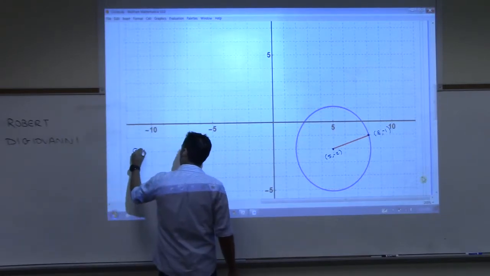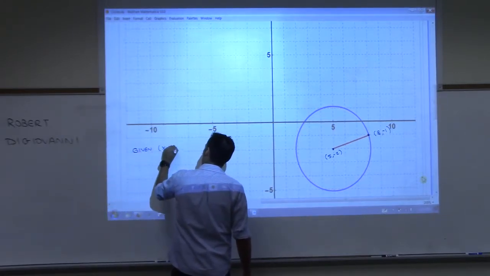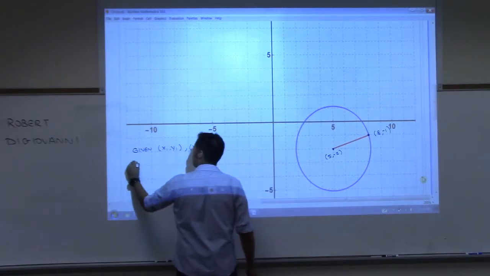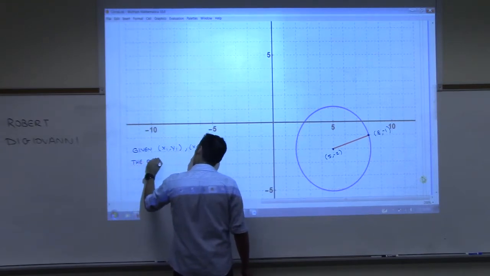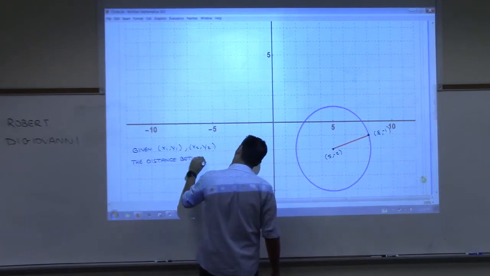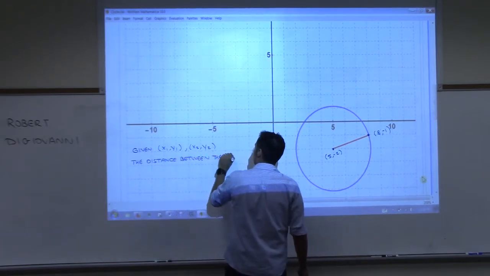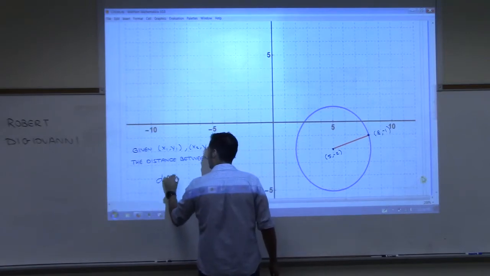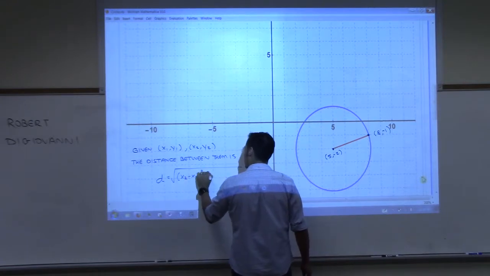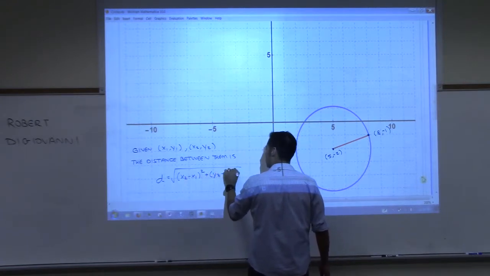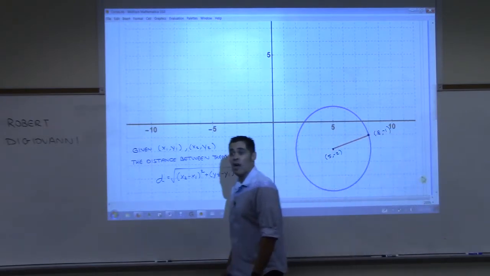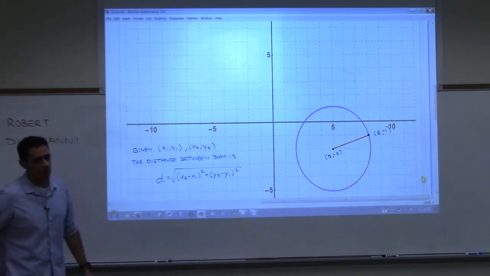Okay, so given x1, y1, and x2, y2, the distance between them is d equals the square root of x2 minus x1 squared plus y2 minus y1 squared. Now, I'm sure you all remember that. No. Okay, so that was one option, was to remember that formula.